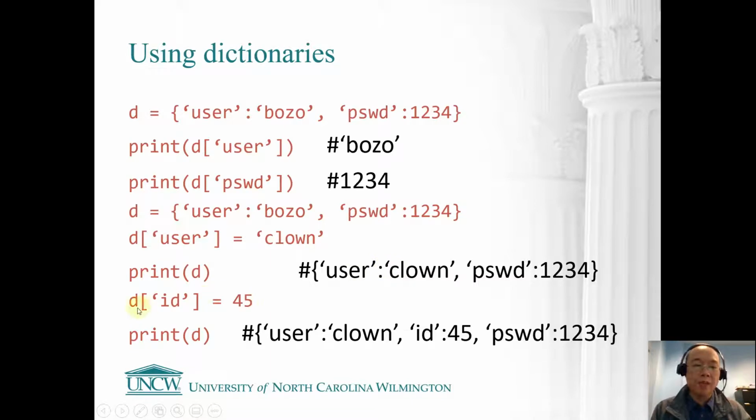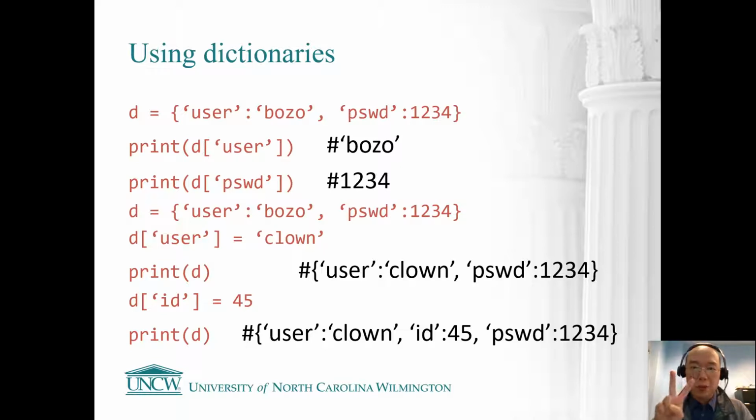And if you want to add a new key value pair, that is the dictionary with square brackets, the new key ID equals 45, and then I am adding the new key ID with value 45. There are two things I want to highlight. Number one, this line of code updates a value using an existing key, and this line of code inserts a new key value pair. What do you see?